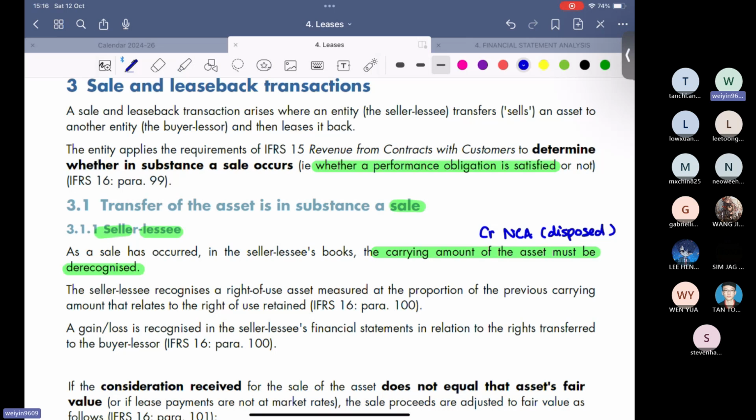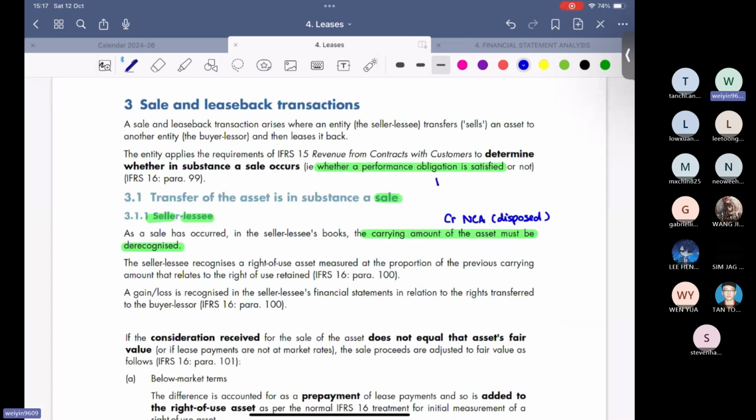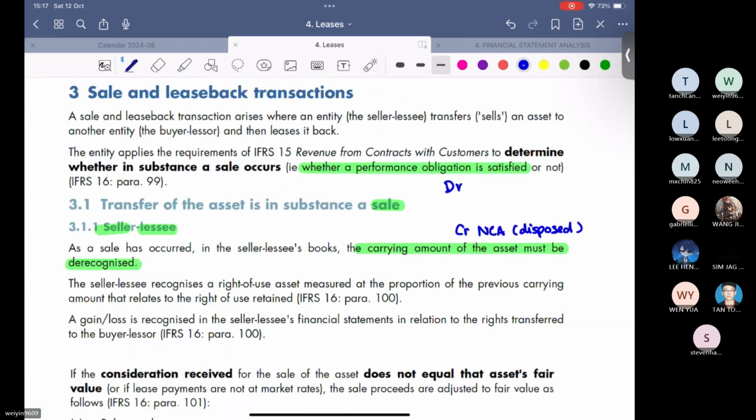The seller recognizes the right-of-use asset measured at the proportion of the previous carrying amount that relates to the right of use retained. So that means calculations later on. So we go for the normal journal entry first. Debit ROU asset. After you recognize your ROU asset, that means you need to credit your lease liability.